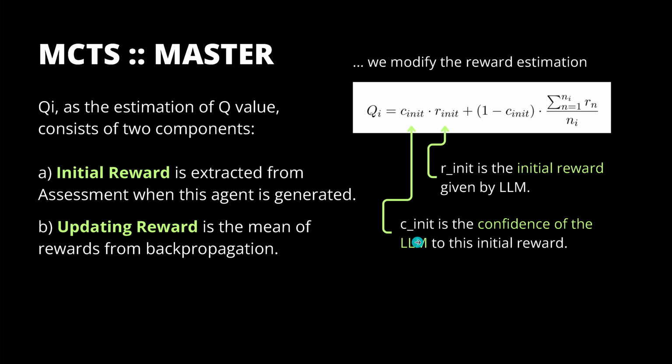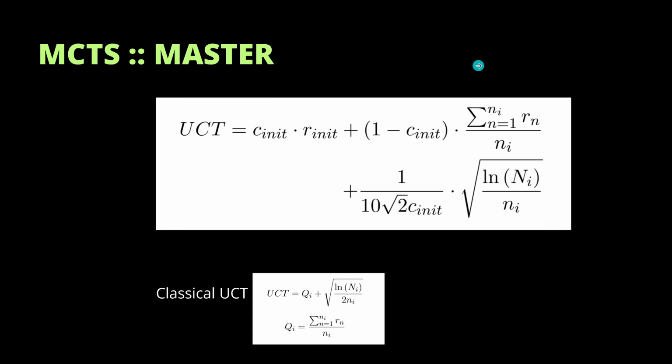At first, C sub init is the confidence of the LLM in this initial reward, where R sub init is the initial reward given by the LLM itself, and our classical formula. So if we take everything together, here we have it. This is now Monte Carlo tree search, the master UCT, the new formula that we built. One, two, three terms. If you look at this normative factor, 1/10, never mind, this is just a factor that was found to work beautifully. Don't care about this factor.